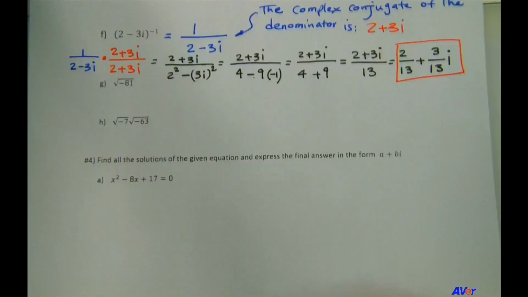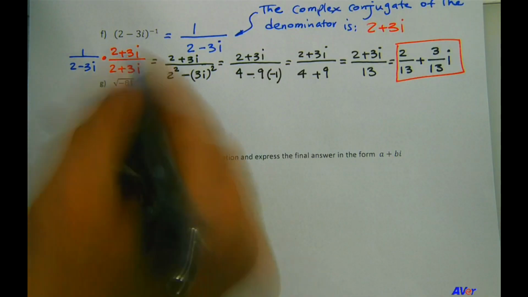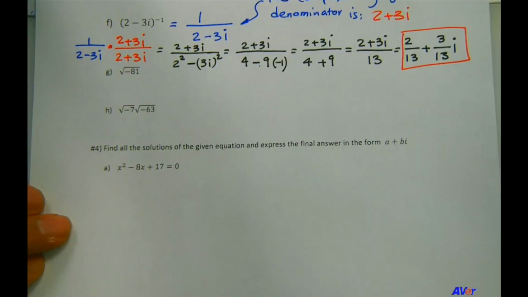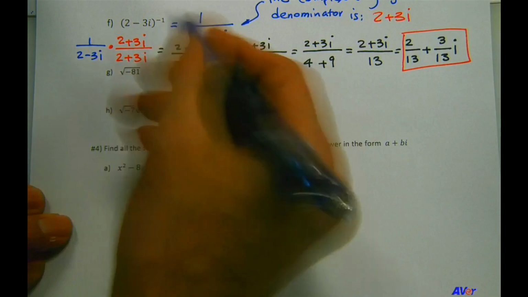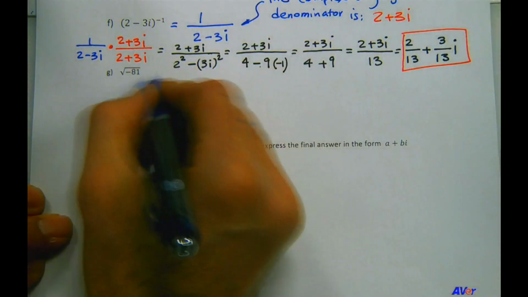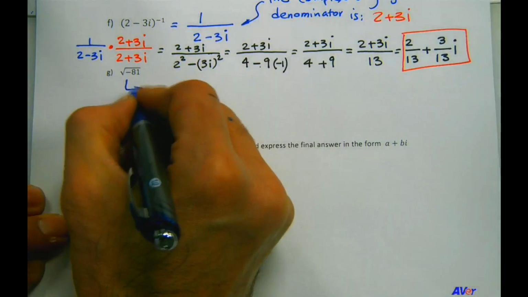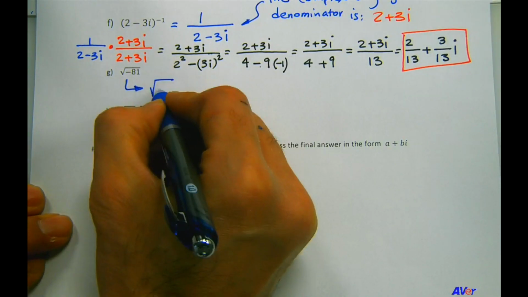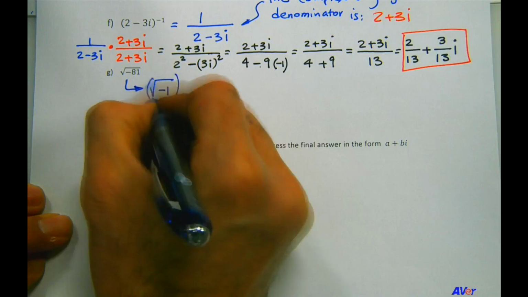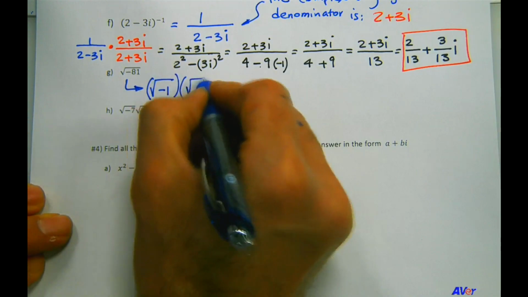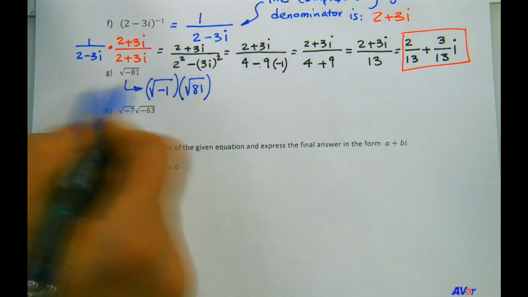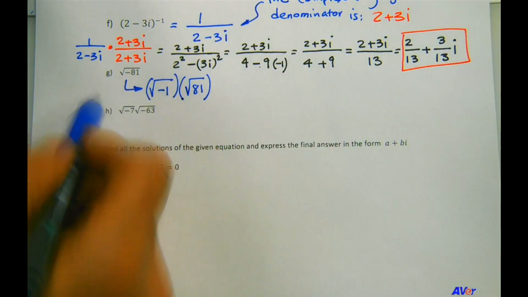Okay, so this next one is much easier than that. And again, I hope you've answered these questions and you're just watching the video to see how I'm answering, to compare your solution with this. So we can rewrite this as square root of negative 1 times square root of 81. Okay, we can do that. We can separate the square root of negative 1 from that.